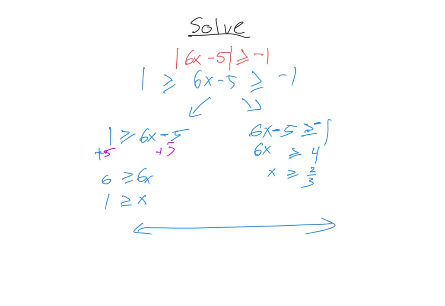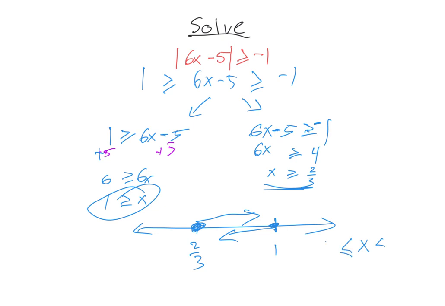I have the number 2/3. I have the number 1. And I am going to put closed dots. So x is greater than or equal to 2/3, so I'm going to shade up. This one is x less than or equal to 1. It's going to shade down. So my solution will be x is greater than or equal to 2/3, less than or equal to 1.